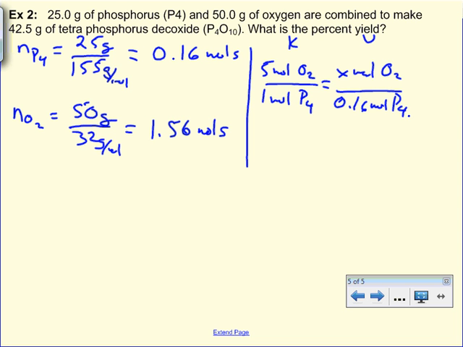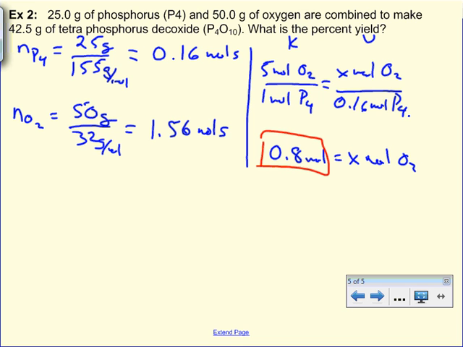So I'm going to cross multiply, so it's 5 times 0.16, and that gives me 0.8 moles equal to the moles of O2. So I need 0.8 moles of O2 if I use up all of my P4.